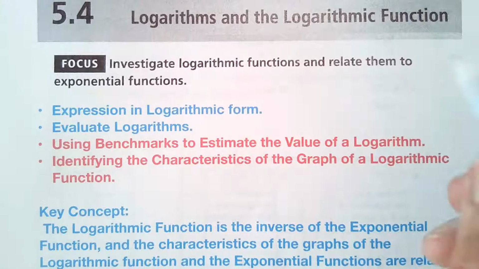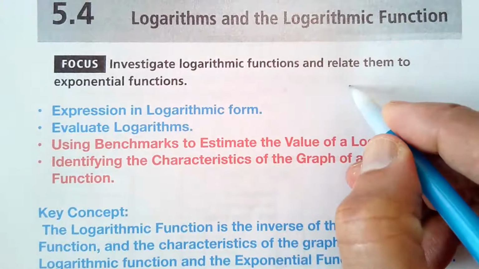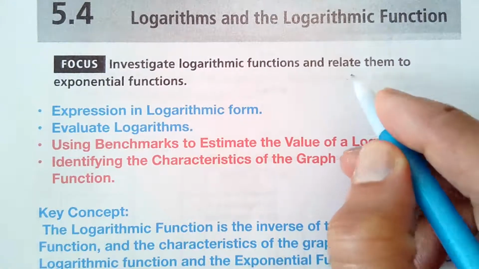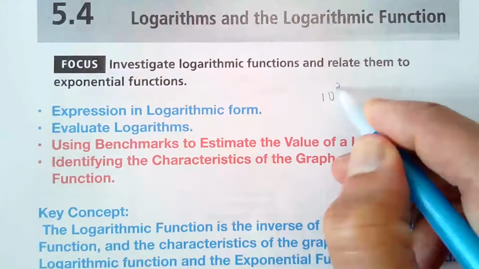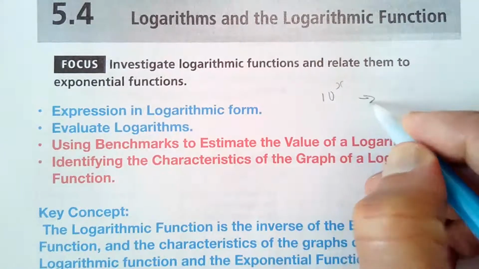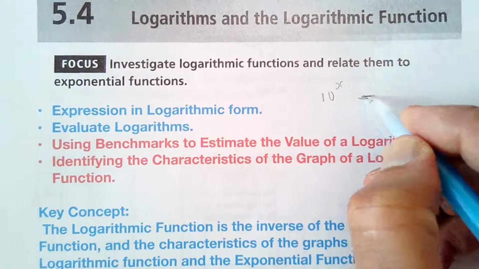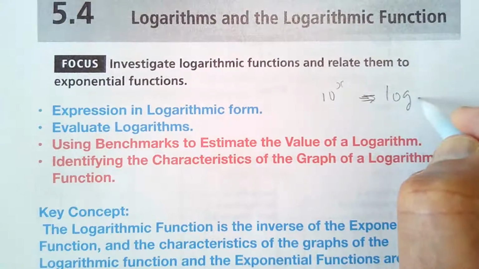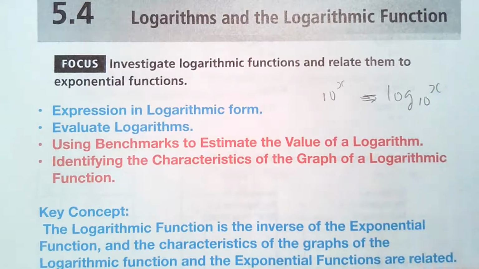What we did learn is that the inverse of 10 to the power of x is equal to log 10 x.